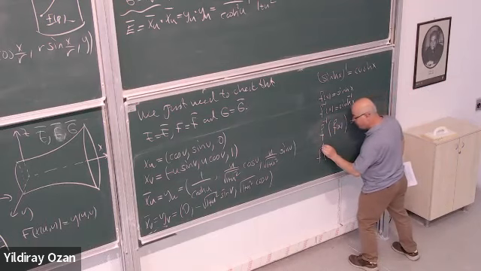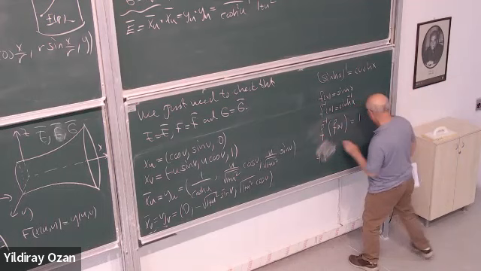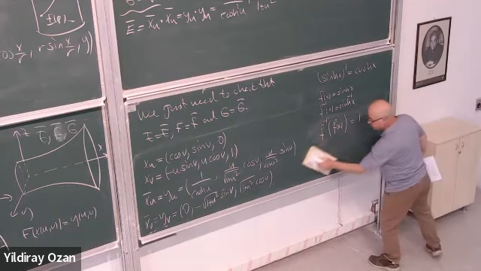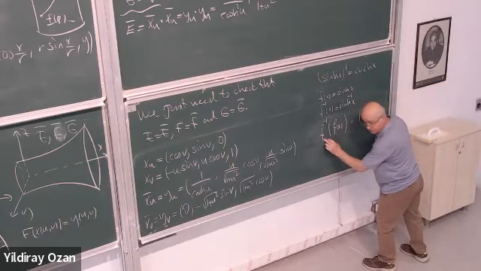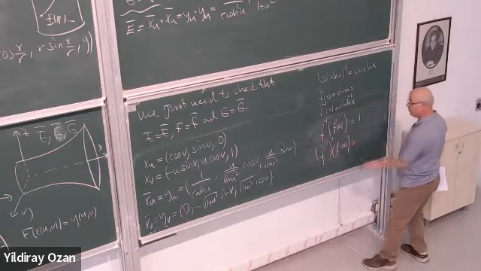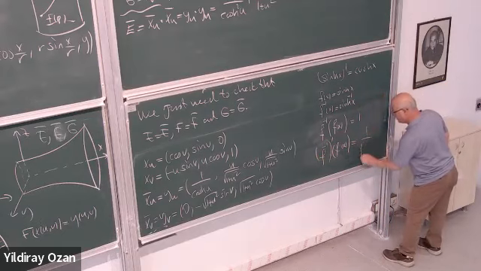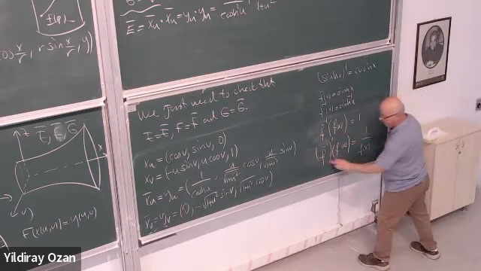So f inverse of f of x. Derivative of this, computed at f of x, is equal to 1 over the derivative of f of x.